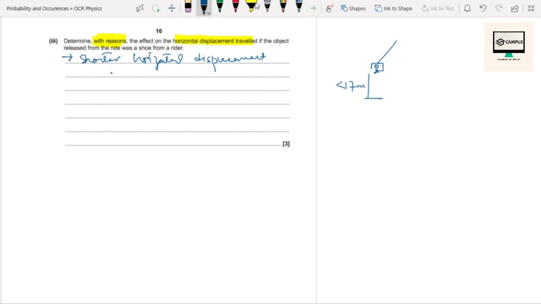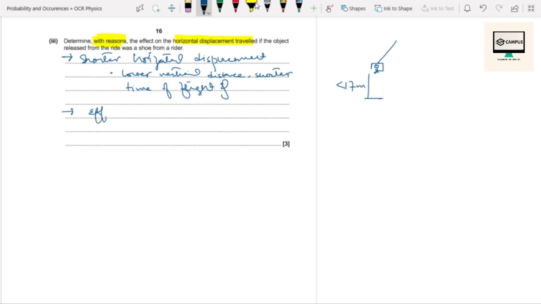So we can mention some points: lower vertical distance, and that means a shorter time of flight, and that means shorter horizontal displacement.